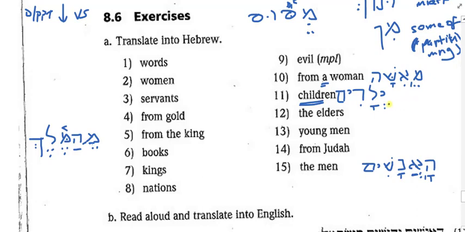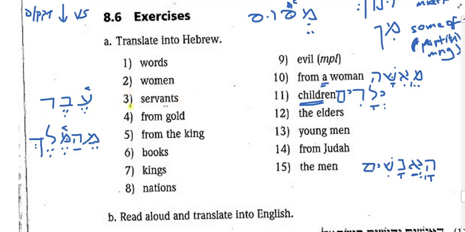All right. If we take the word servants, what's the word for servant? If we use eved, where's the stress? It's at the beginning. What kind of a noun is this? It's a segolate noun.